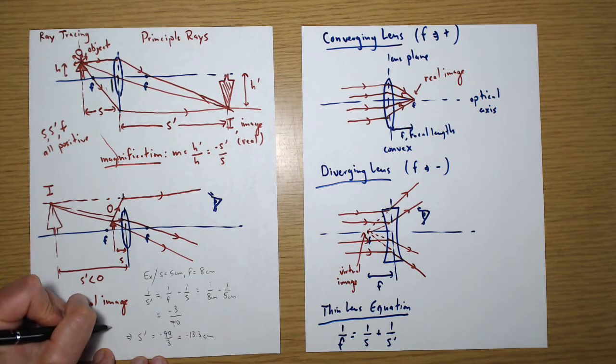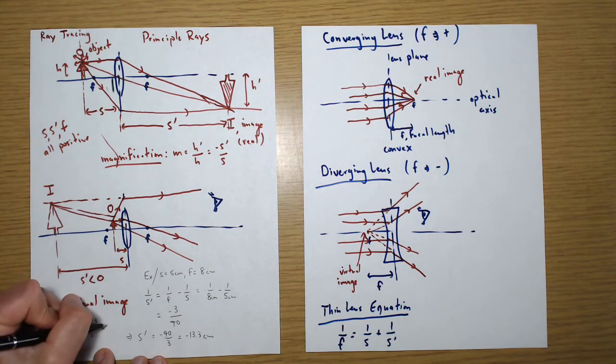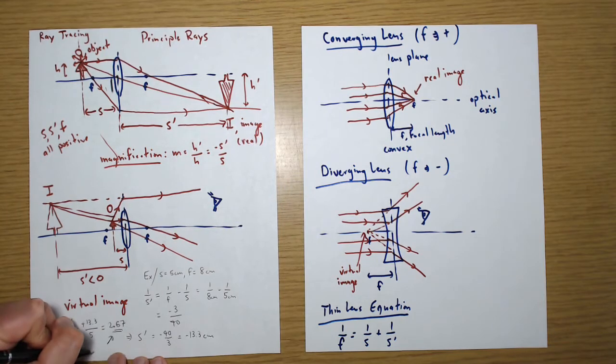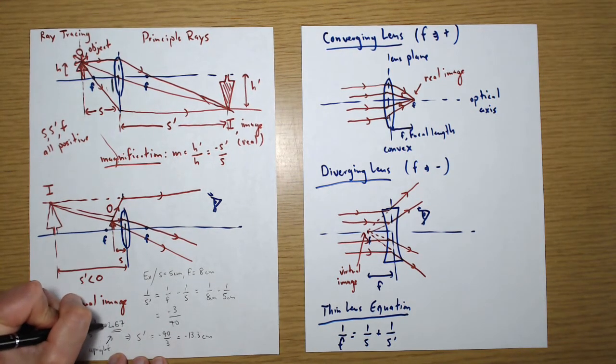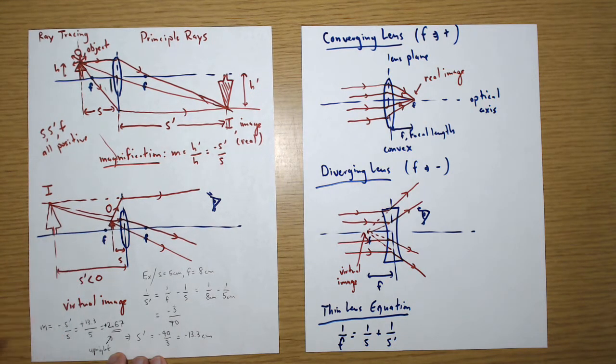So I get a magnification of, and there's an extra minus sign, which makes it a positive there. So I get a magnification of 2.67. So this image is upright. Positive magnification, it's an upright image. It's a virtual image, right? Because it's not real, you can't project it, but it's upright, meaning it's pointing in the same direction as the object.